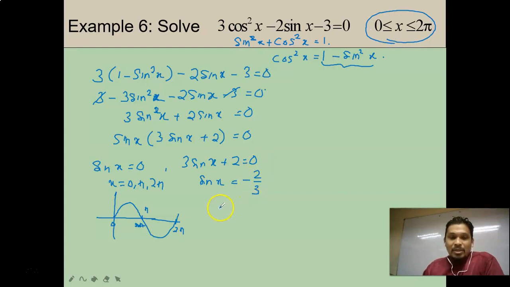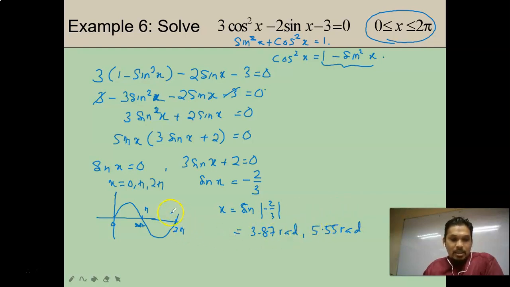And then what about this one here now? x equals arcsine of negative 2 over 3. The basic angle of this, we got here is 3.87 radian. Okay, the answer is in radian as given here. And also 5.55 radian.